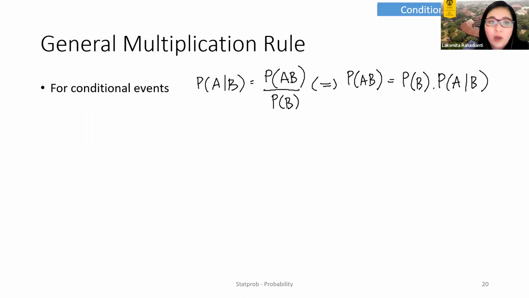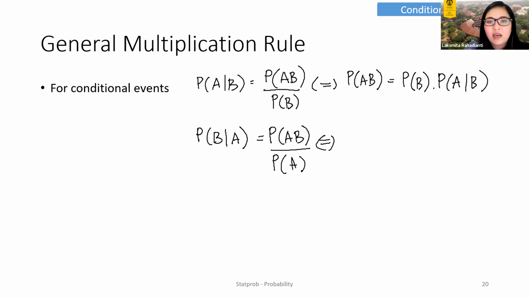Say I also have the condition of B given A, then I can compute this as P(BA). However, B intersection A is the same thing as A intersection B, right? So I can also write it like that, and I divide it by P(A), and thus I have P(AB) defined as P(A) times P(B given A).